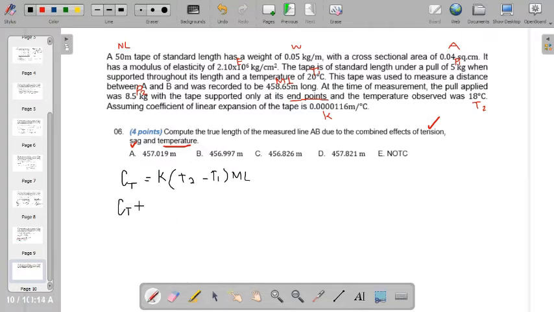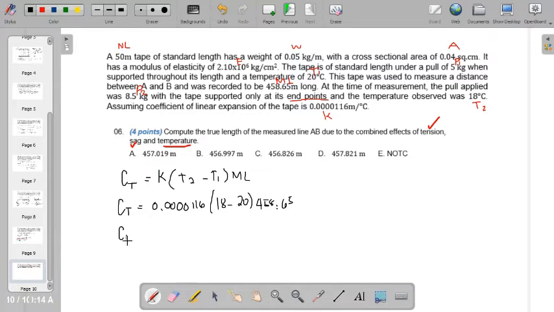Now, the total temperature correction will be 0.1234116. What's our T sub 2? I think it's 18. Yes, this is T sub 2. So 18 minus 20, and then multiplied by 458.65.